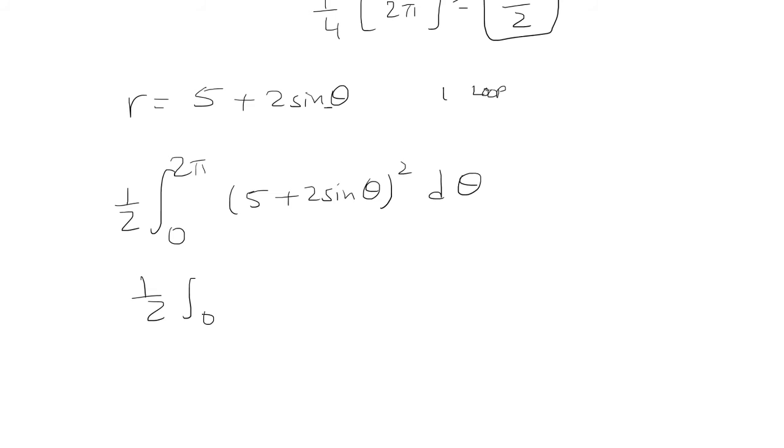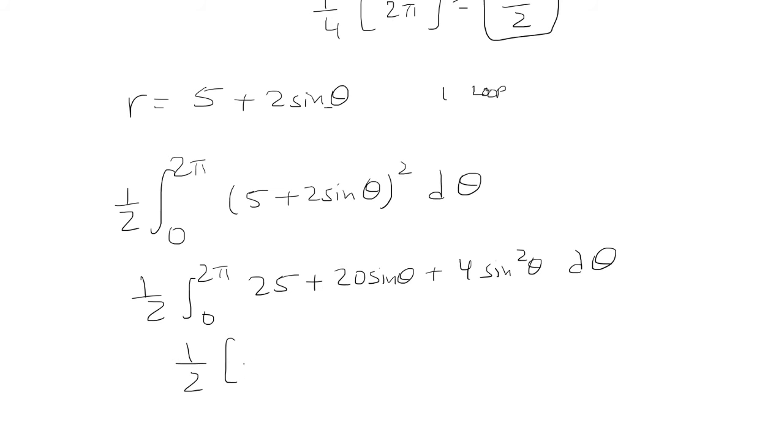I'm going to expand this. Now before we integrate, let's change the 4 sine squared as 4 times 1 minus cosine 2 theta over 2.